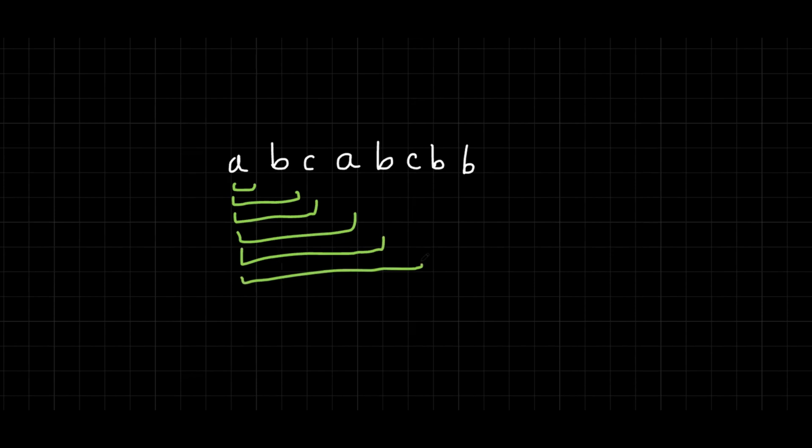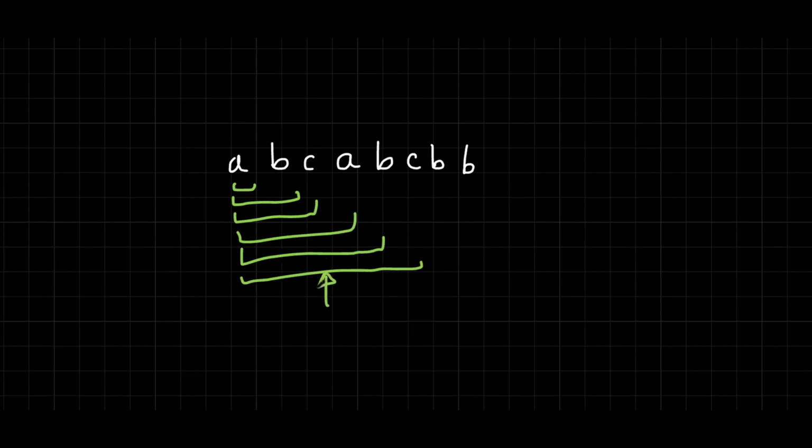One approach is very trivial. We have to check each substring starting from the first index, and check whether this substring has any repeating characters. If it does, we ignore it. Otherwise, we consider its length.